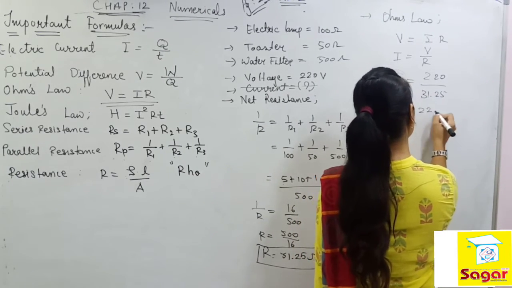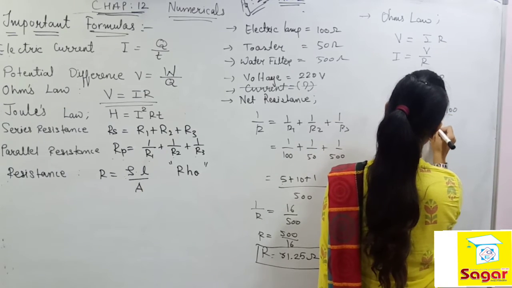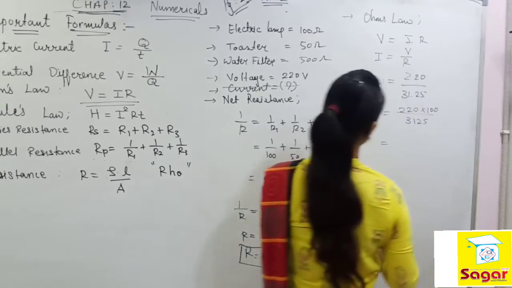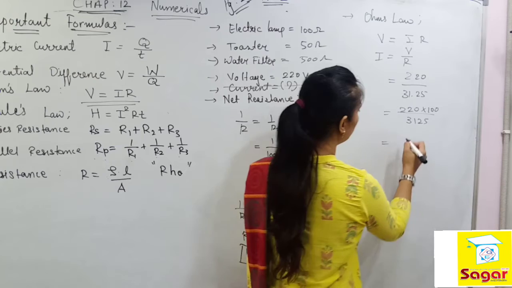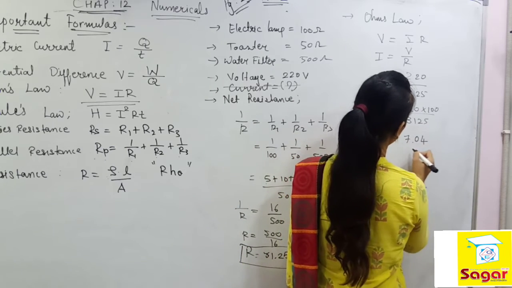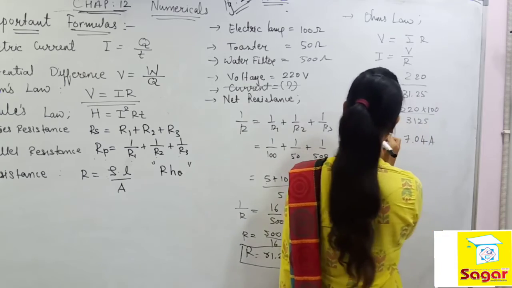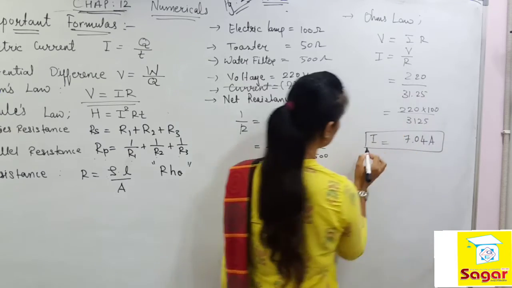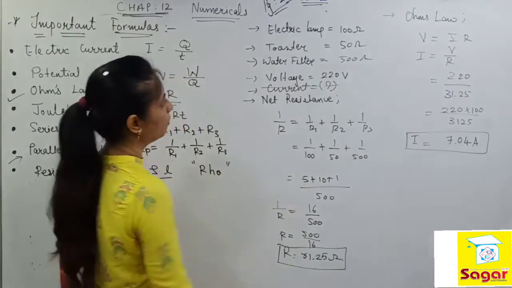So it is 220 multiplied by 100 divided by 3125. If you do the multiplication and calculation, you will come to know it will be 7.04 ampere. So this much amount of current is being created, and we need to provide it in individual components.